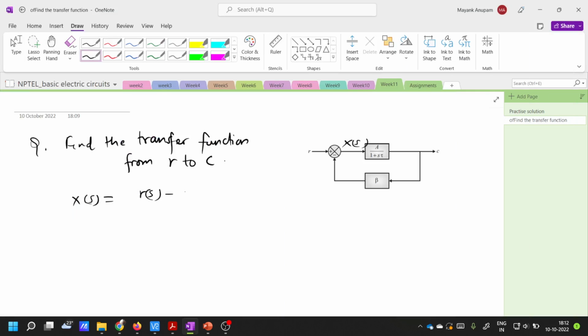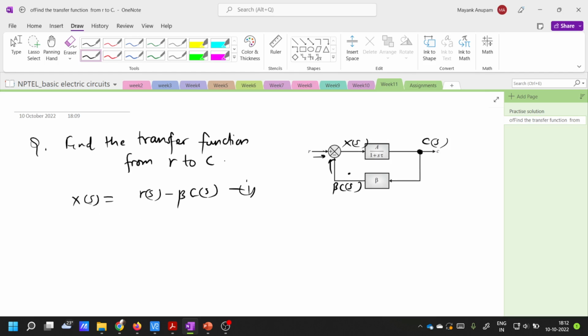X of s is R of s minus, this is R of s, this signal here, and then there is this signal here, right? So if this is C, this is C of s. So this is beta times C of s, correct? So x of s is R of s minus beta times C of s, right? This is our equation 1.